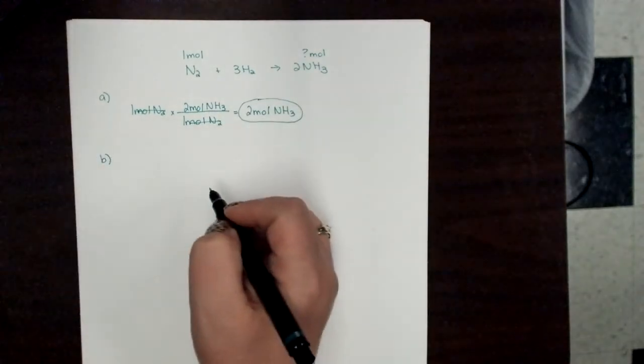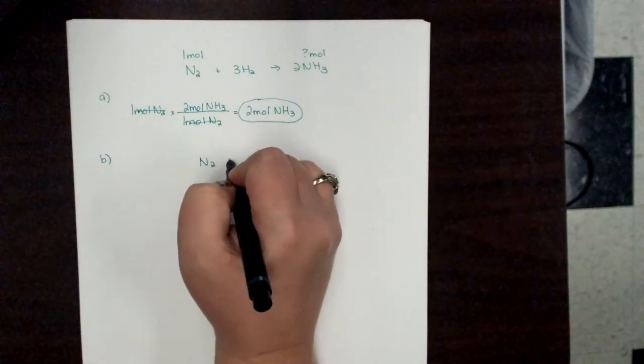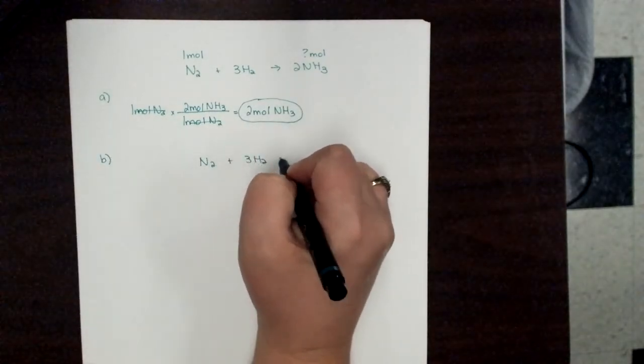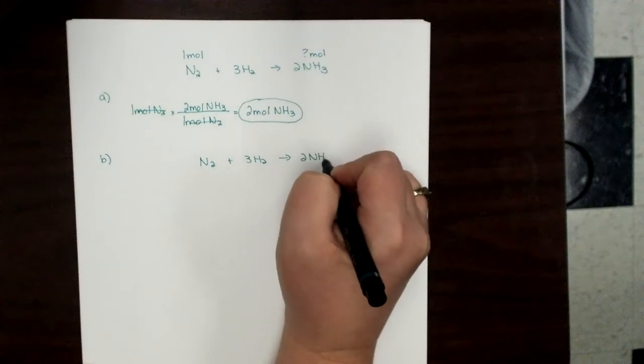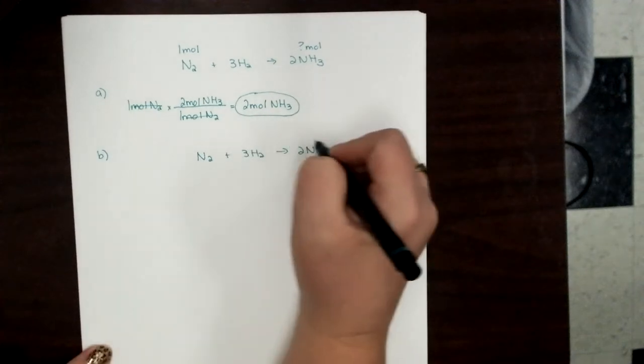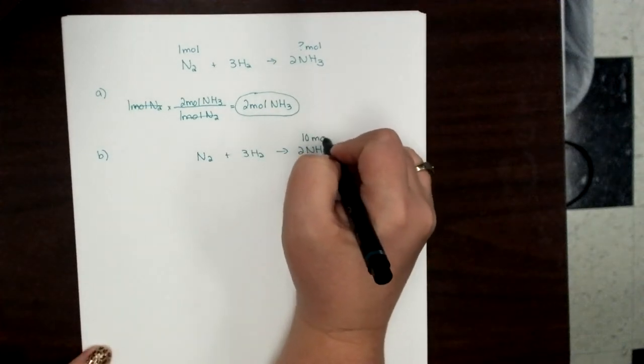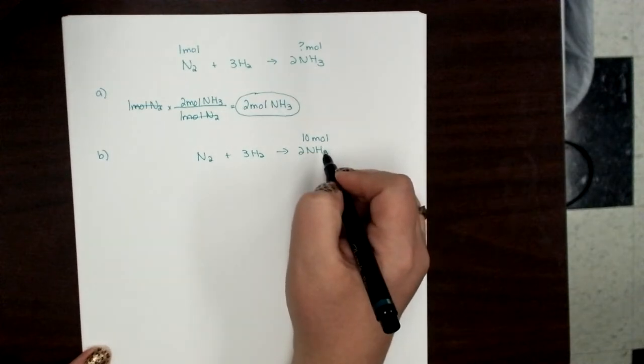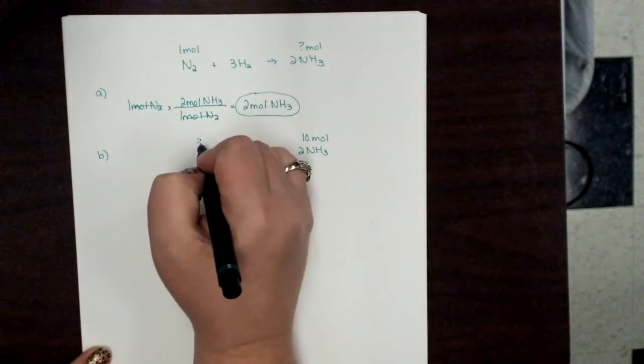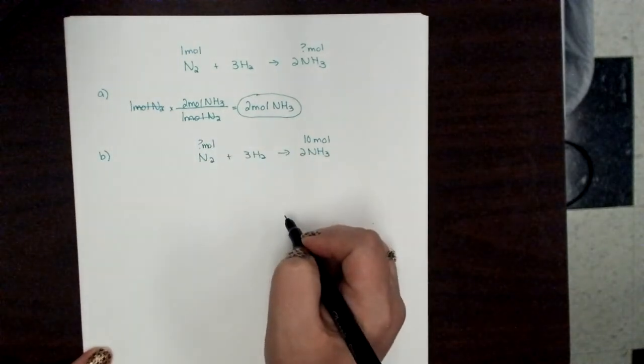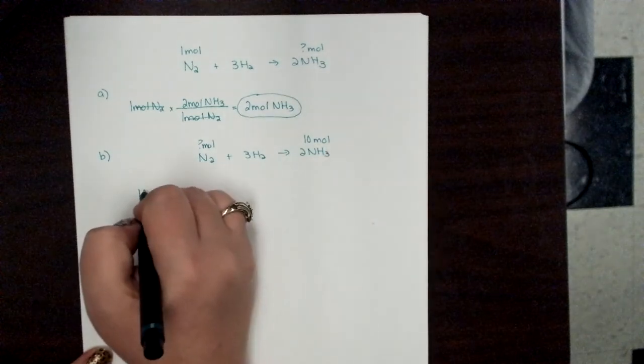For part B, same reaction. They say if 10 moles of NH3 were produced, how many moles of N2 would be required? So start with my given.